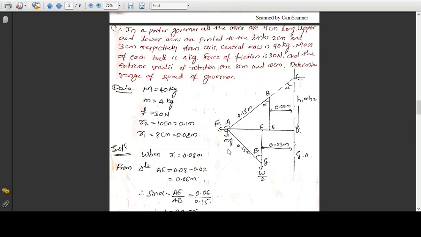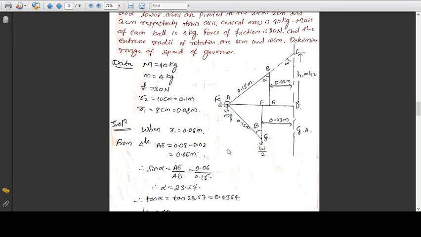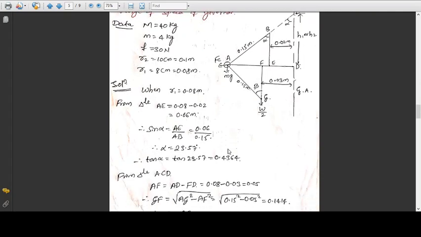Okay, so now begin with the actual solution. First we'll consider R1 equal to 0.08 meter. When R1 is 0.08 meter, we can easily calculate the distance AE, because we are going to consider triangle ABE here.